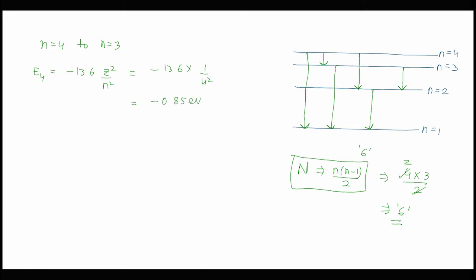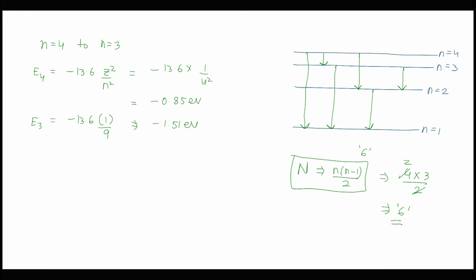The energy corresponding to n equal to 3 can be calculated as minus 13.6 times 1 upon 3 square, that is 9. So we will obtain the value equal to minus 1.51 electron volt, which is the value corresponding to n equal to 3.